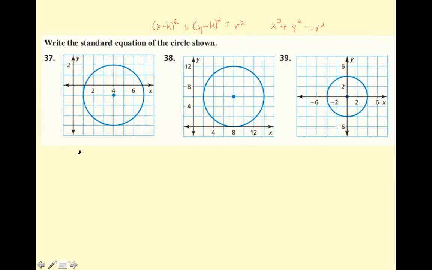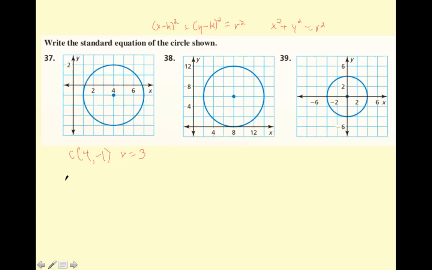For each of these, I'm first going to find the center, then determine the radius, and then write the equation. In this one, be careful, you have to look at what the scale of the graph is. It looks like I'm going by ones, so I'm okay. My center is the point (4, -1). My radius, I can count 1, 2, 3 squares, so my radius is 3.